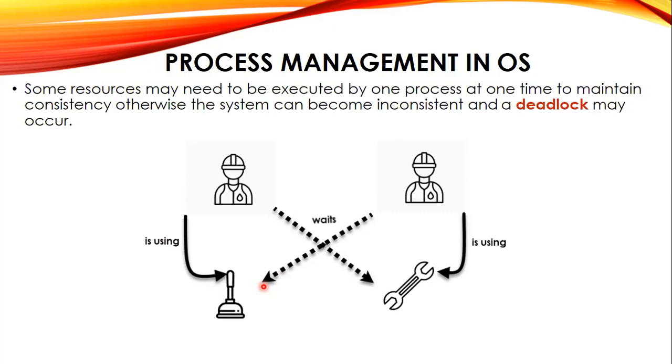And deadlock, a kind of situation that your computer is locked, you can't do anything, and eventually you say, okay, I will restart you and start over. So this is called deadlock.